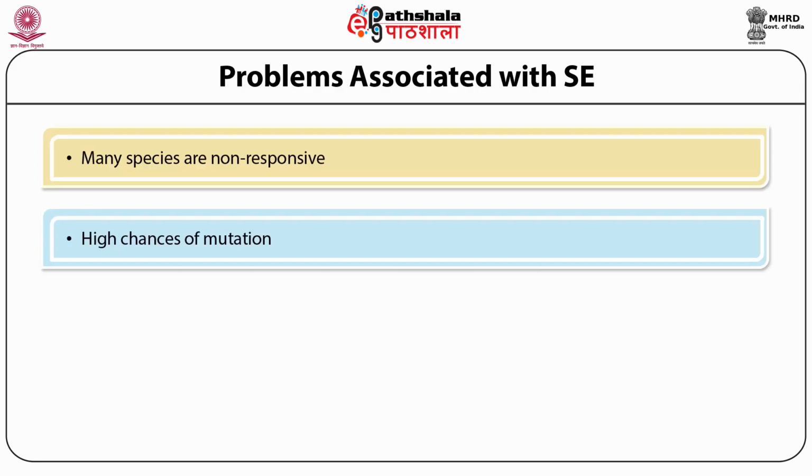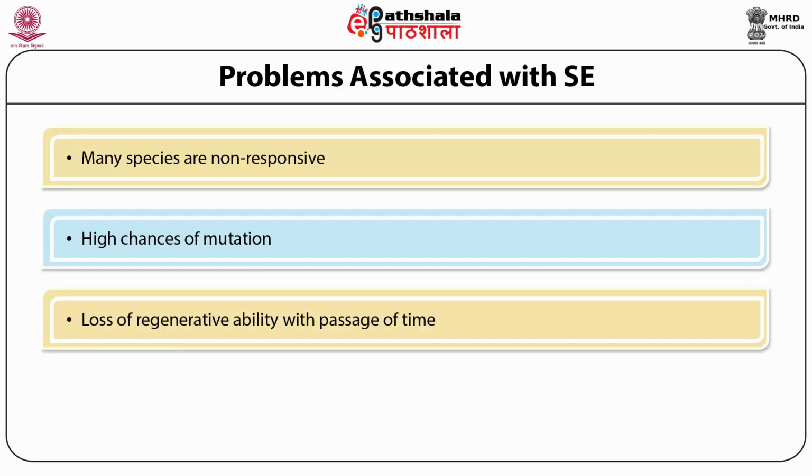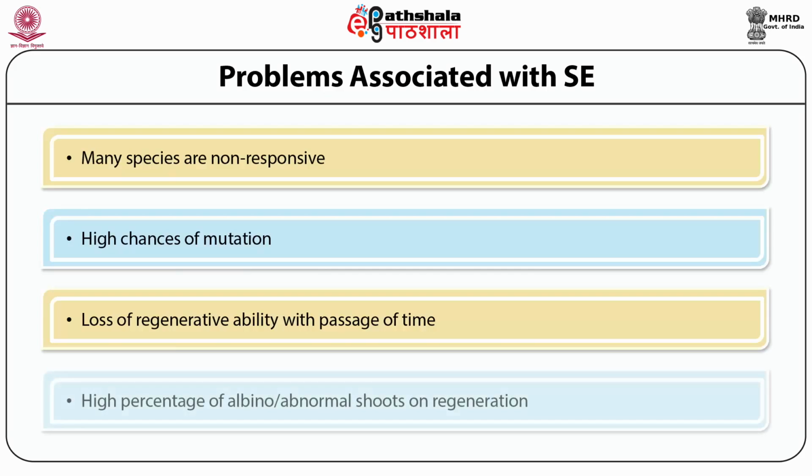But in practice, we find that in many species, with the passage of time, the callus cells lose the ability to form embryos. So that restricts the number of cells that you can actually get. Synchronization of embryo formation is still a problem, and many times you get albino or abnormal shoots during regeneration of these embryos.